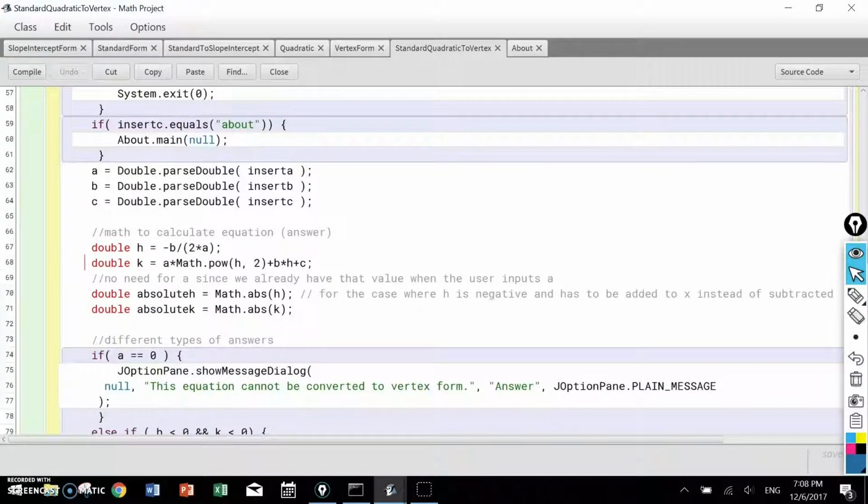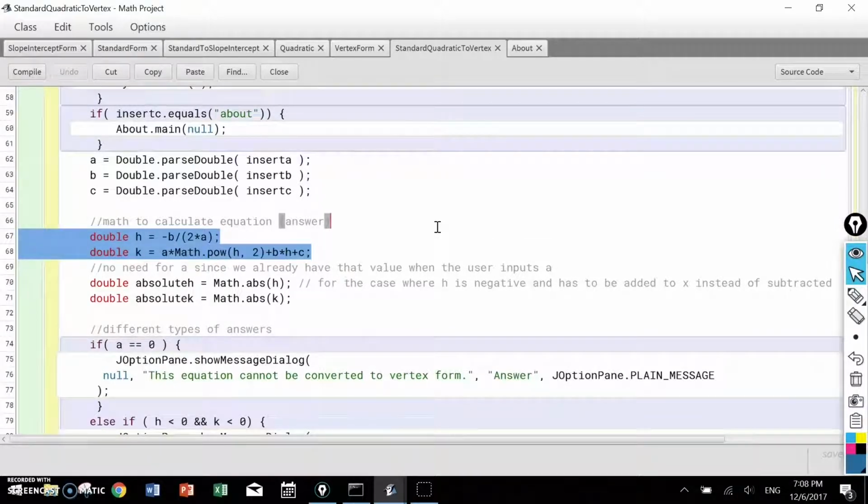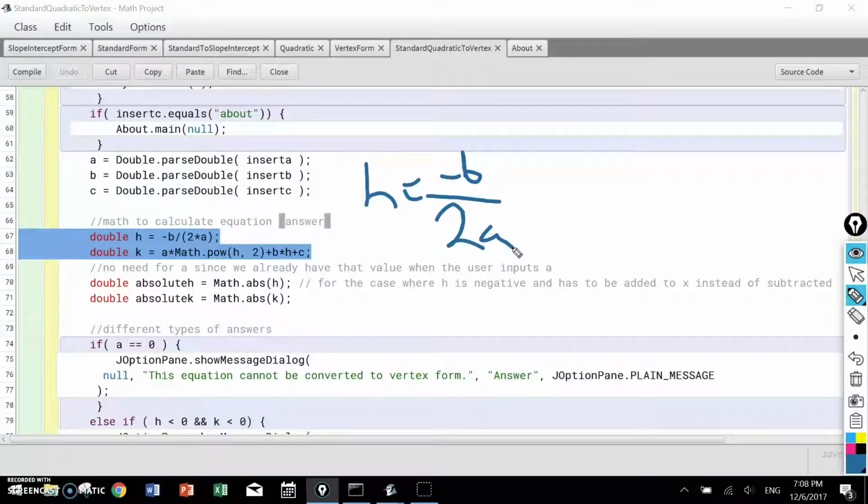So we solve those using these equations here. Then we have the standard quadratic form equation to make it into a vertex form equation. So basically, we solve for h using the normal formula whenever you're doing that kind of math. So that's h equals negative b over 2a, which is a little piece from the quadratic formula.